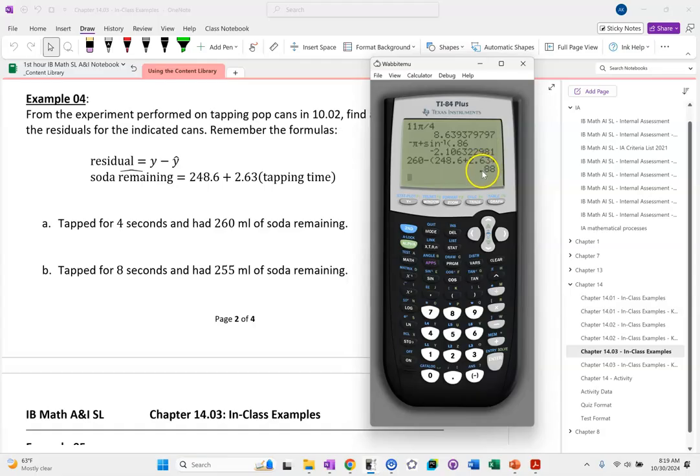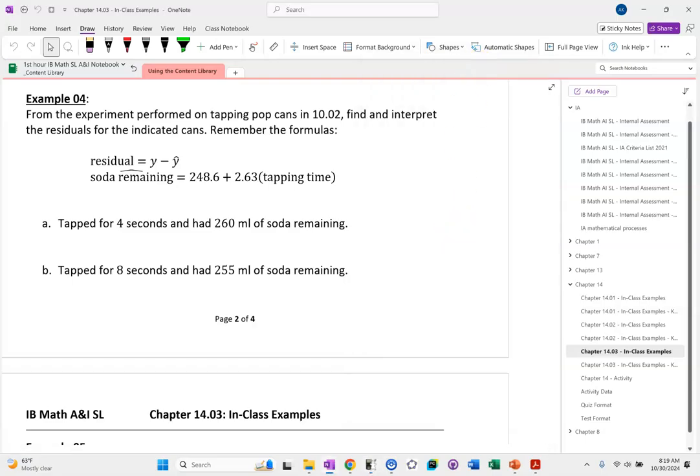So my residual should be 0.88. The known minus the predicted. I just did it all in one line on my calculator.